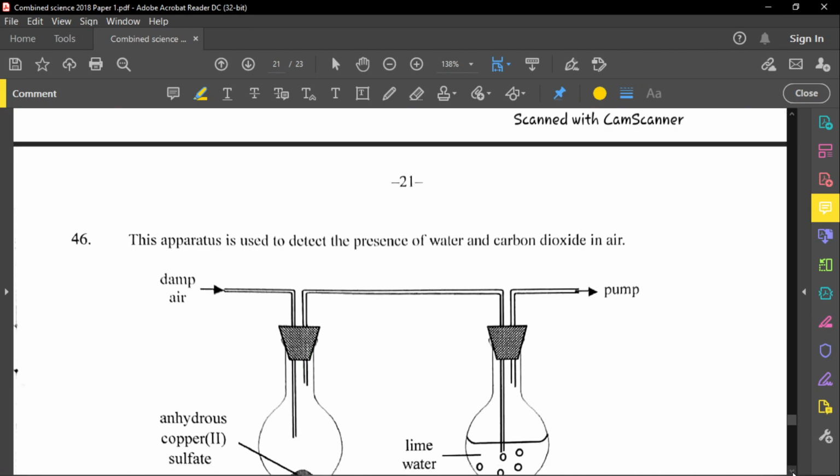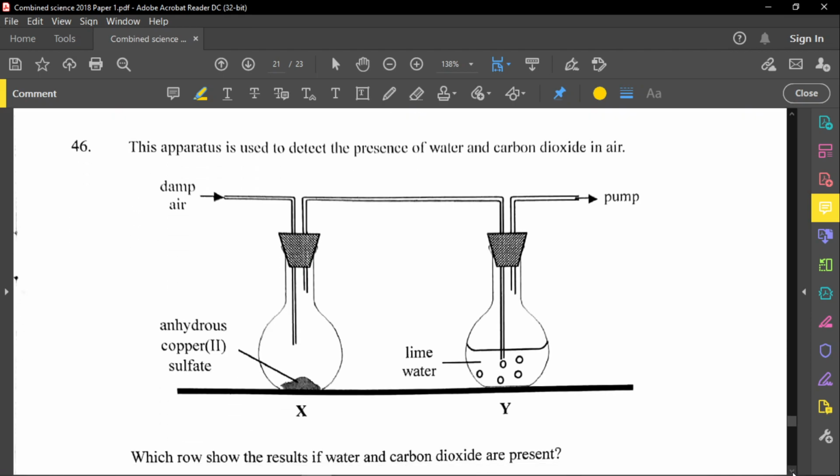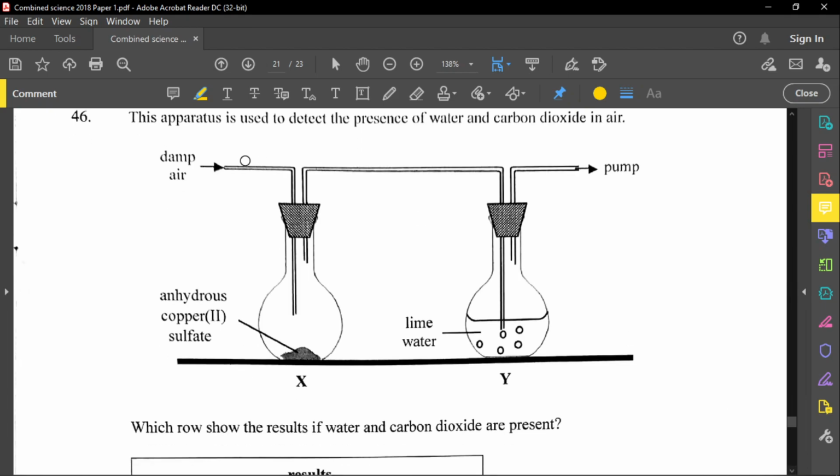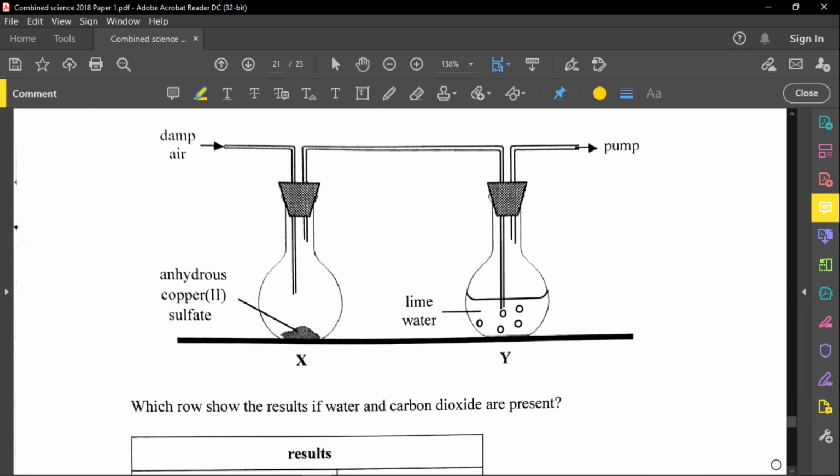Now for 46, the apparatus is used to detect the presence of water and carbon dioxide in air. We have damp air going in, going towards the pump right here. This is anhydrous copper sulfate, and this here is lime water. Which row shows the result if water and carbon dioxide are present? If water is present in the damp air going in, something is going to happen here.